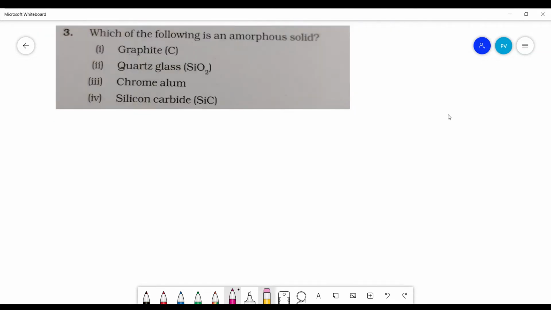Question number 3. Which of the following is an amorphous solid? Graphite, quartz glass, chrome alum and silicon carbide. Among these, quartz glass, SiO2, is amorphous due to short range order of constituents.